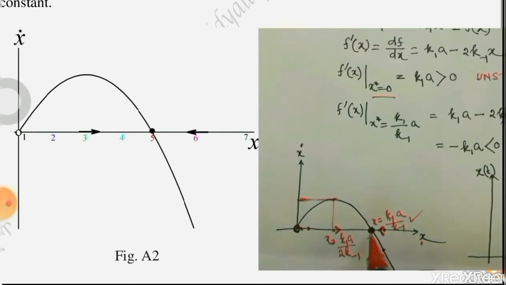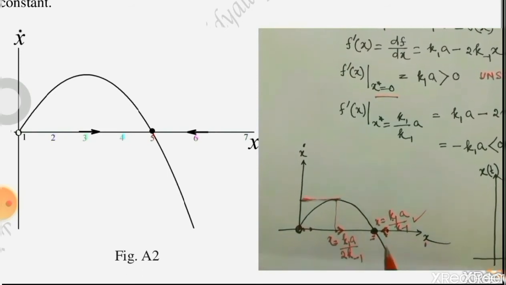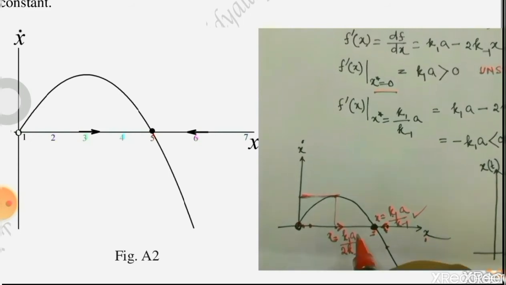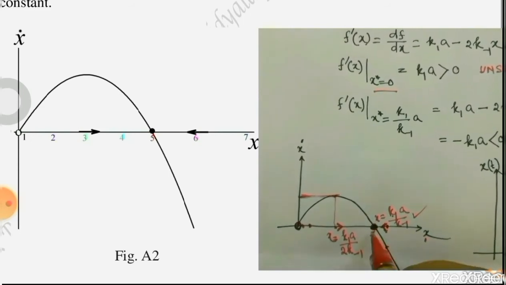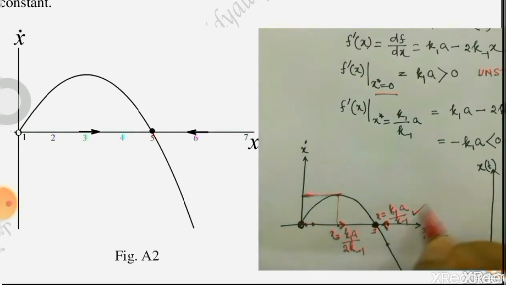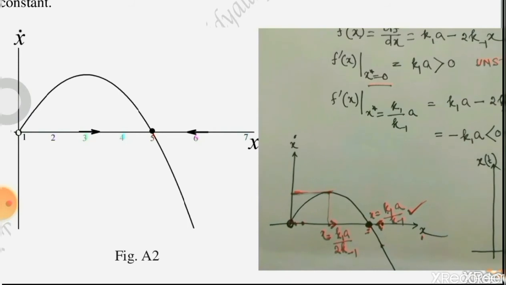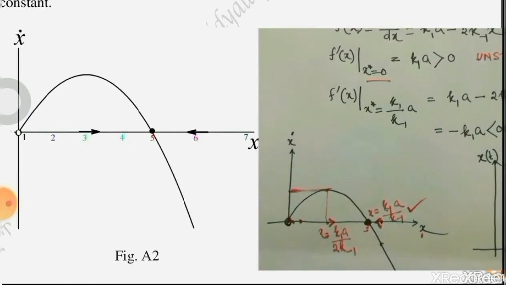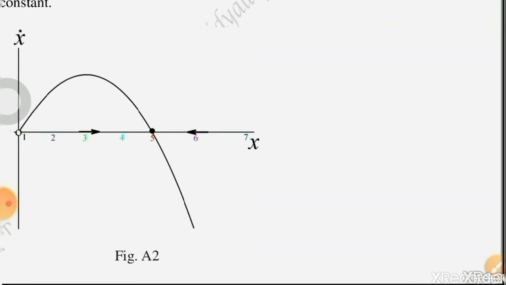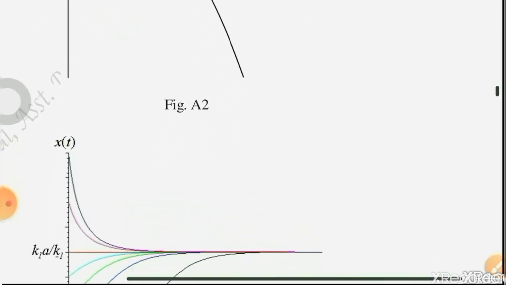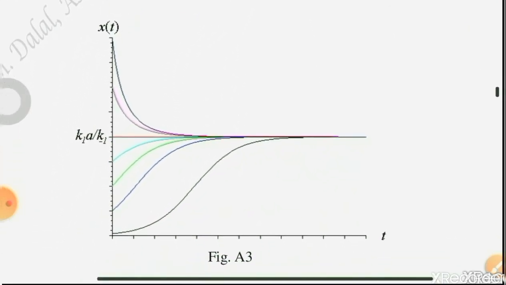Wherever the initial condition is chosen, the final concentration will settle to the value k1a by k minus 1. So for different initial conditions, we can plot the phase portrait, and that will look like this figure.